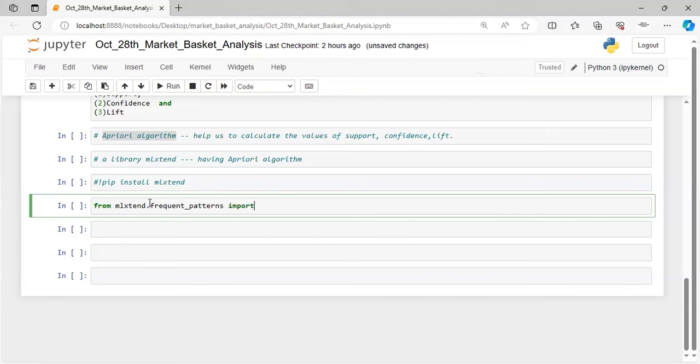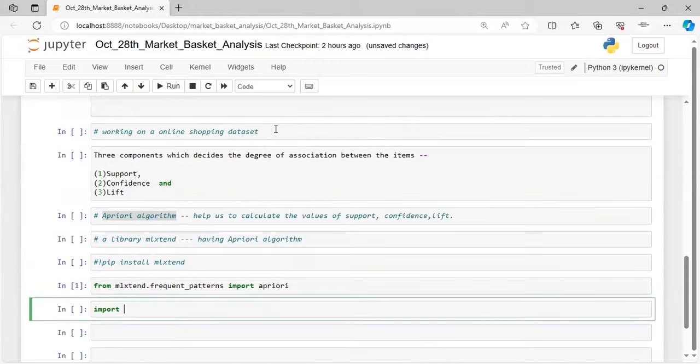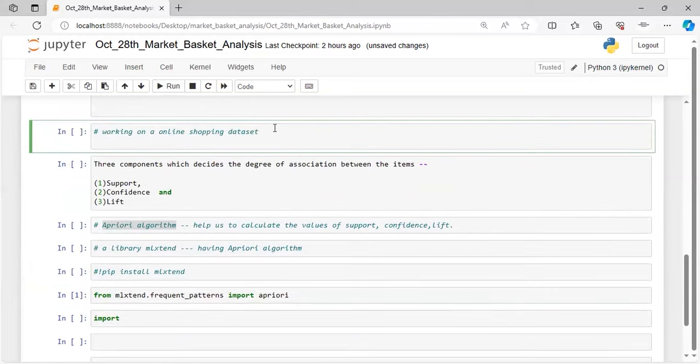Then all the basic libraries are required. We are working on the data set named marketing optimization.csv that I've already shared in the chat.